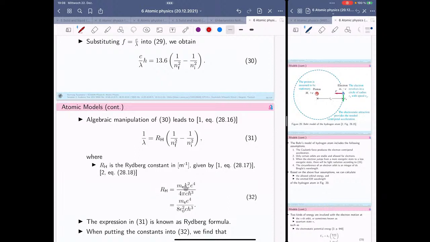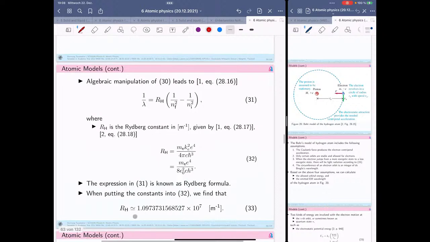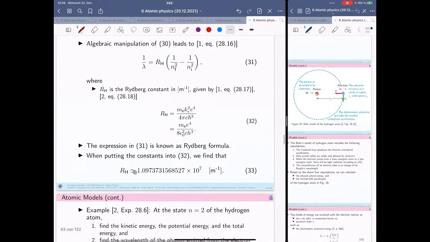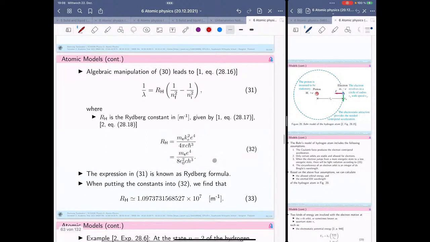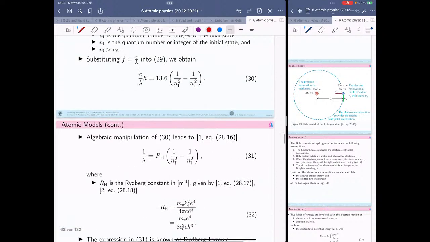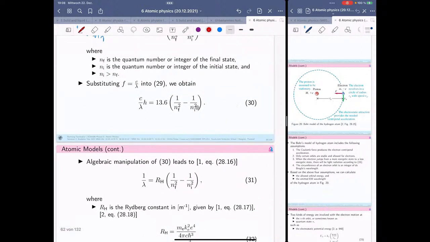If you get into the detail, the Rydberg constant could be found from this, whether in the h-bar term or the typical Planck constant, but don't worry about that. The Rydberg constant will be provided here, which is 1.0973 times 10 to the 7. Equation 31 is known as the Rydberg formula, but actually it's derived from the Bohr expression.